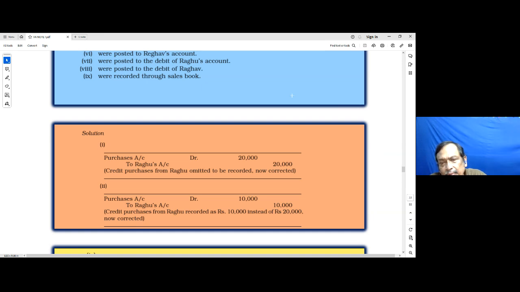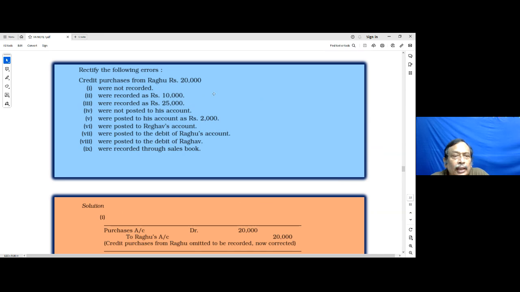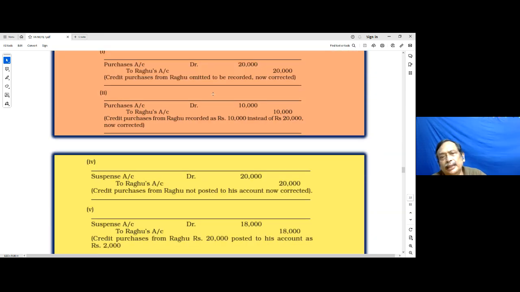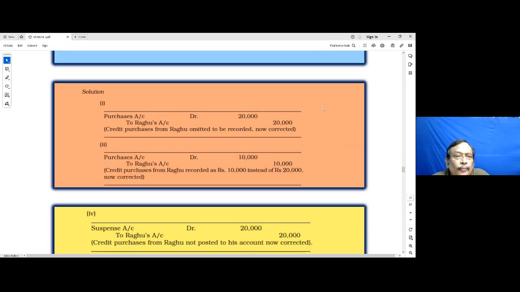Credit purchases from Raghu omitted to be recorded, now corrected. Second one, credit purchases from Raghu rupees 20,000 were recorded as rupees 10,000. So purchase account will be debited by difference amount, that is 10,000, to Raghu's account also 10,000. That is credit purchases from Raghu recorded as rupees 10,000 instead of 20,000, now corrected.